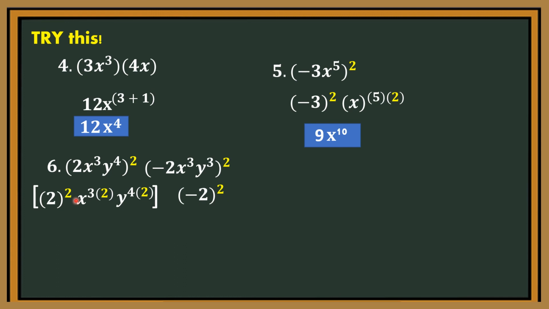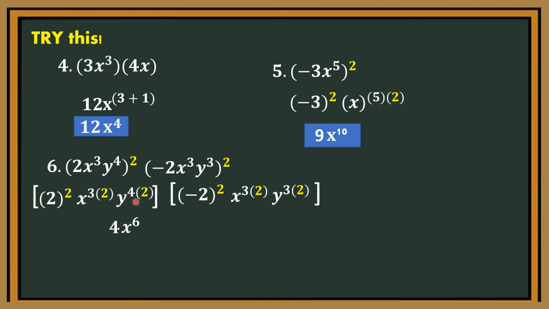Negative 2 squared, x cubed times 2, y cubed, multiply the exponent by 2. And then, let us simplify it. 2 squared, that is positive 4. X, and then multiply the exponents, that is x raised to the 6th power.